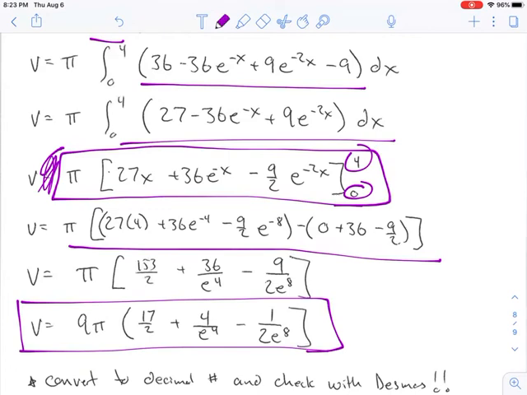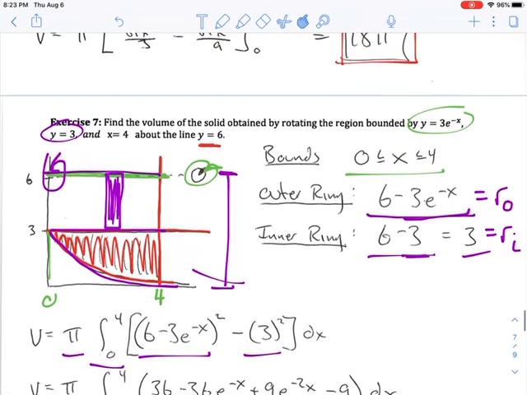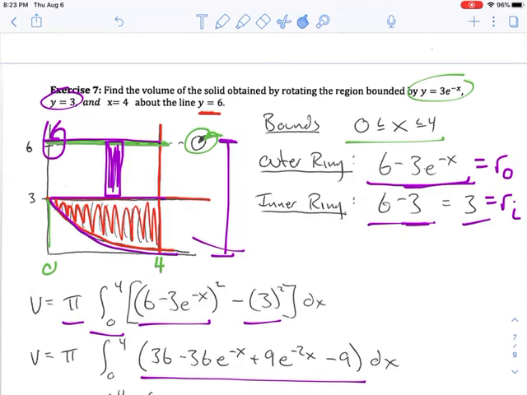Yes, some of the answers in WebAssign are pretty icky looking. But again, you can convert it into decimal, put your original integration problem into Desmos and see if they agree. So this is an example, once again, of rotating around a line other than the x-axis.